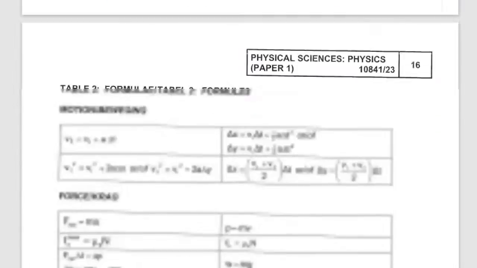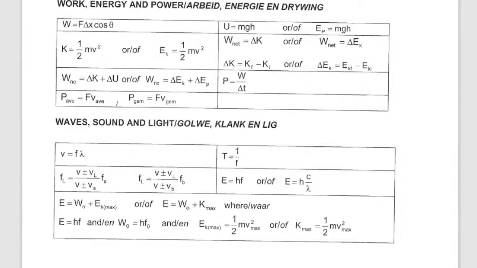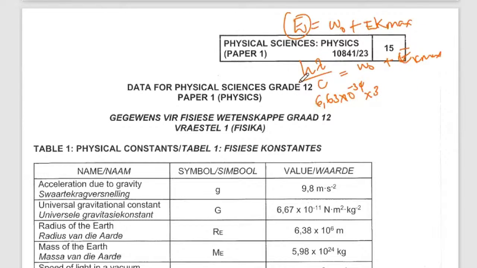Let me just confirm, it's hc over lambda. Sorry guys about that. It's hc over lambda. So 3 times 10 to the positive 8 over 390 times 10 to the negative 9.